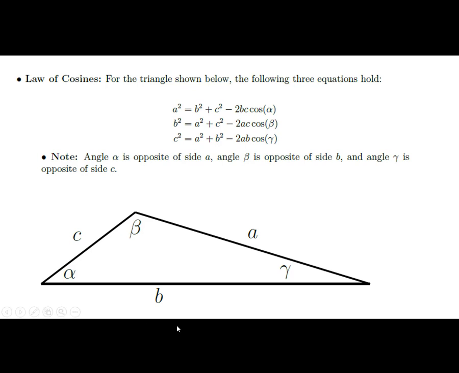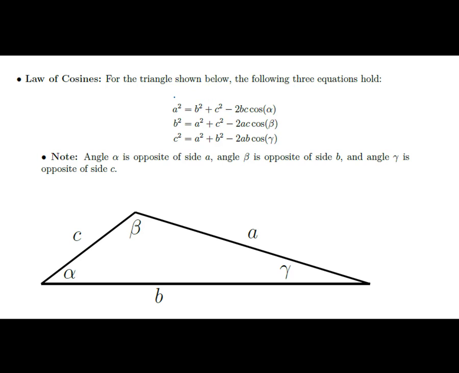If I have a triangle labeled like this, where the angle opposite side A is alpha, the Greek letter for A, the one opposite side B is beta, and the angle opposite side C is gamma, then I can always figure out what A is by setting up this equation: A squared equals B squared plus C squared minus 2BC cosine alpha.